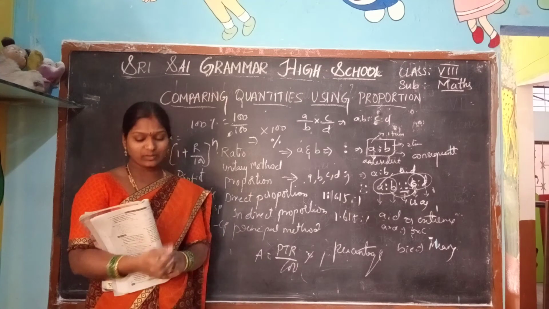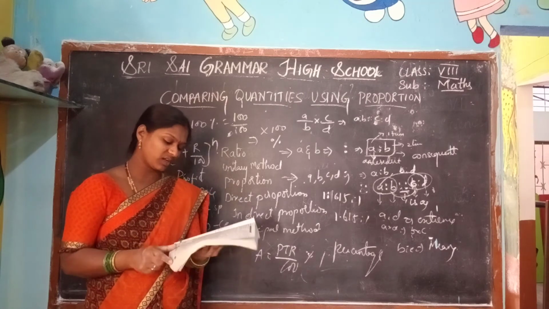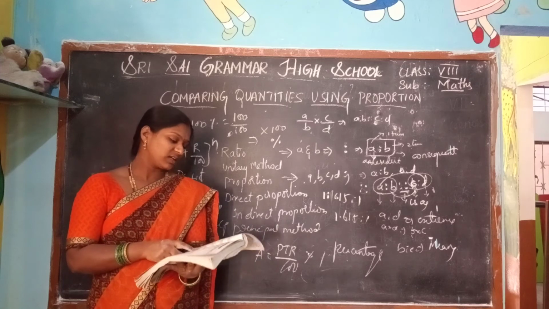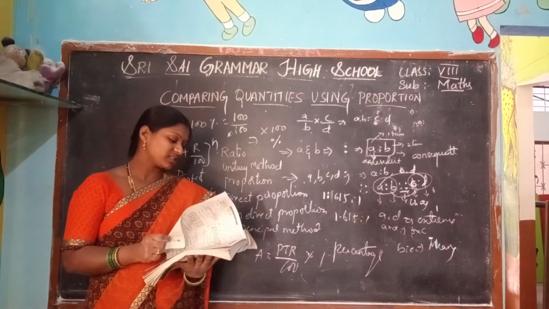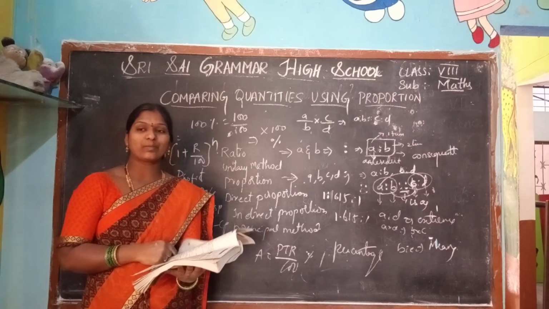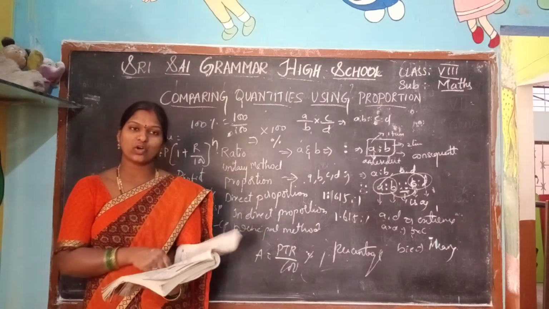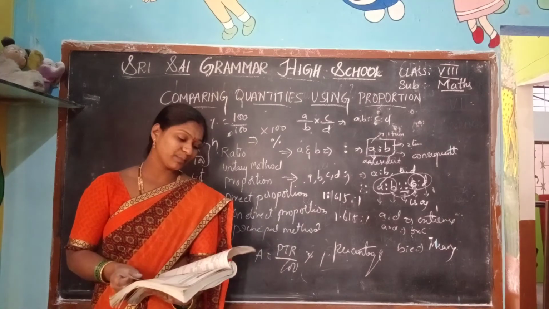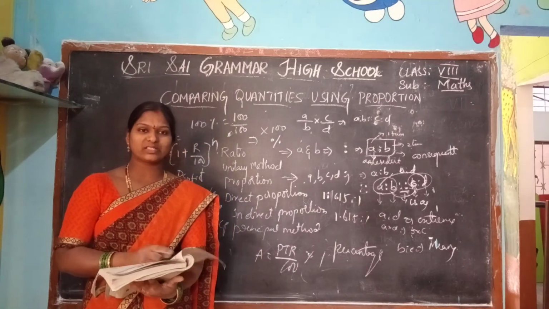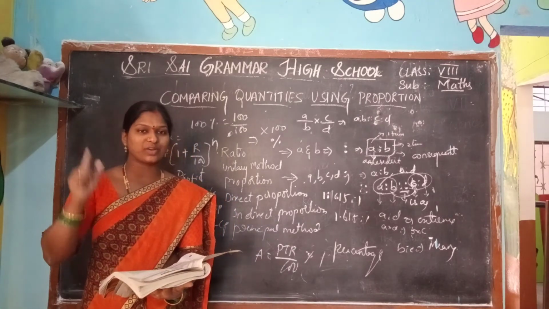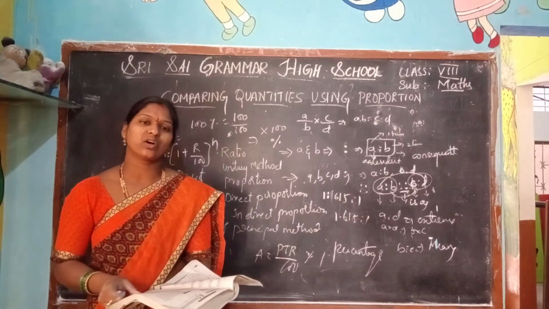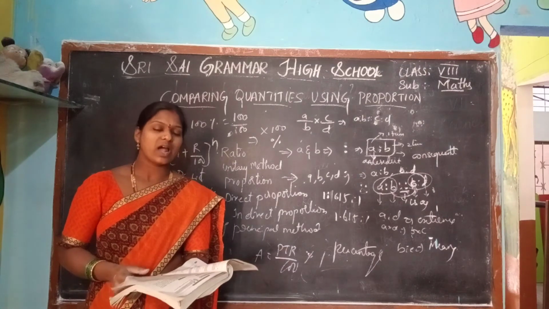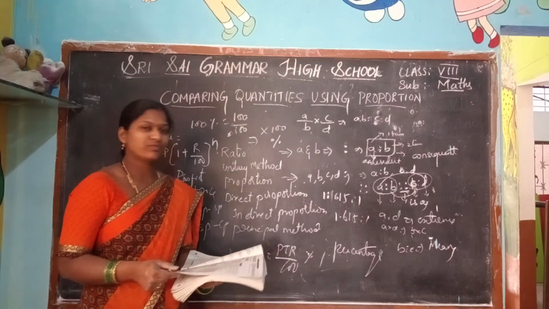More in this chapter, they are going to compare with the quantities, and in some examples they will give only the cost. For that we are going to express the selling price, and at the same time cost, and also profit percentage and loss percentage we are going to identify by using the formula.